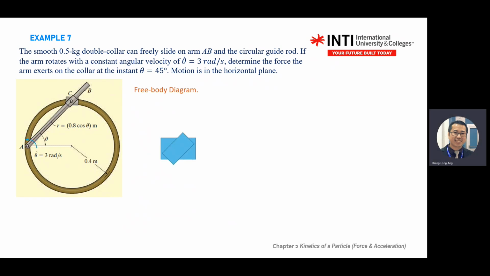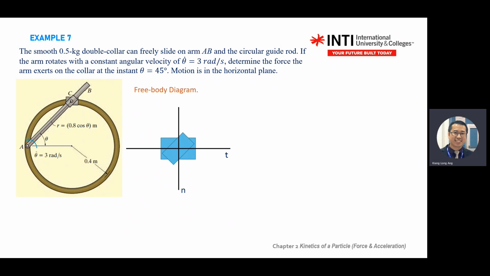Focus on the collar. Straight away, you know the tangent normal axis. I think you understand why normal is pointing down, because the center is pointing down in this case. It's going inside, so your normal at that position points down and not up.